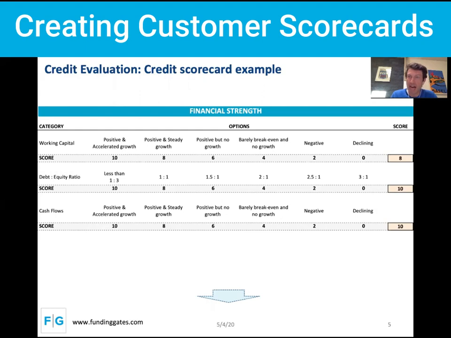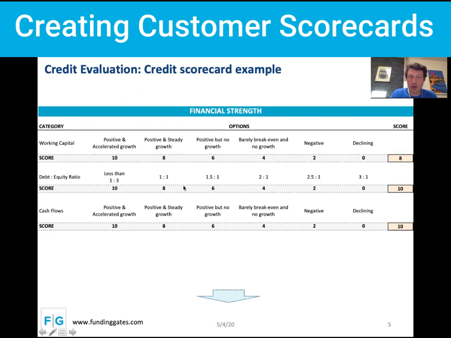One is the working capital of the customer, right? Whether it's positive and steady, positive but no growth, barely breaking even, negative or declining. The debt to equity ratio of the customer, i.e. does the customer have enough cash flows and equity to cover its existing loans on its books, right? Cash flows, whether it's positive and accelerating, whether it's steady, no growth, negative or declining, right?